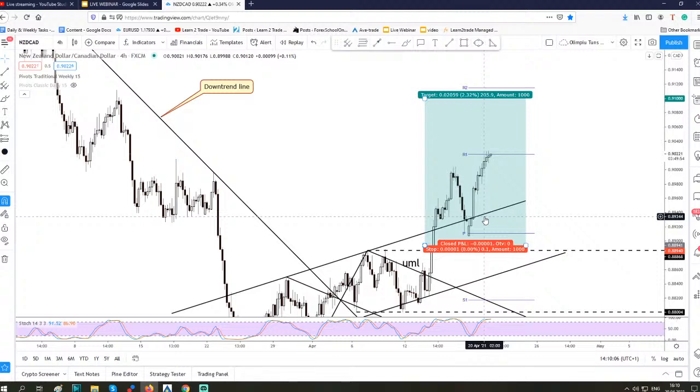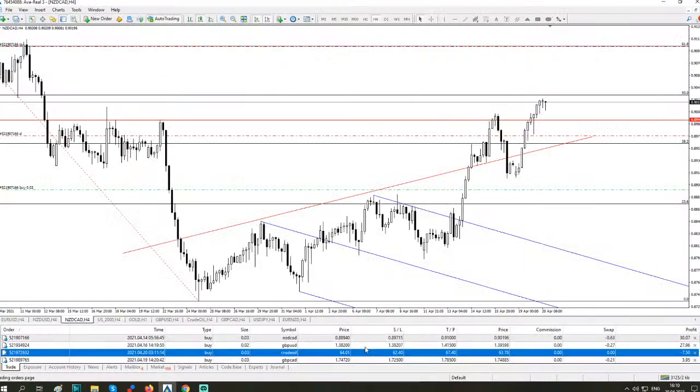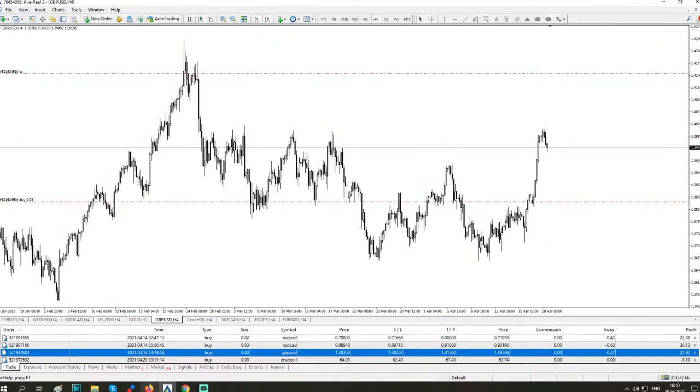Okay, let's continue with our crude oil, or let's take a look at the GBP versus the US dollar. One moment, guys. GBP versus the US dollar. So we have here a long position as well, placed also in our real account.